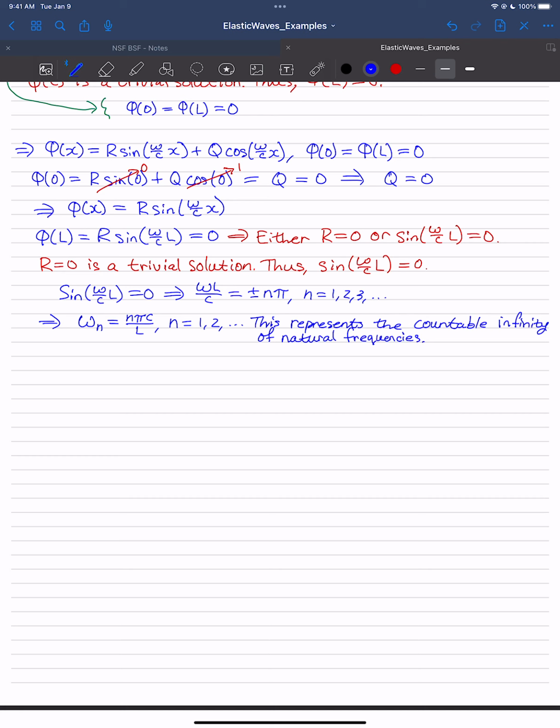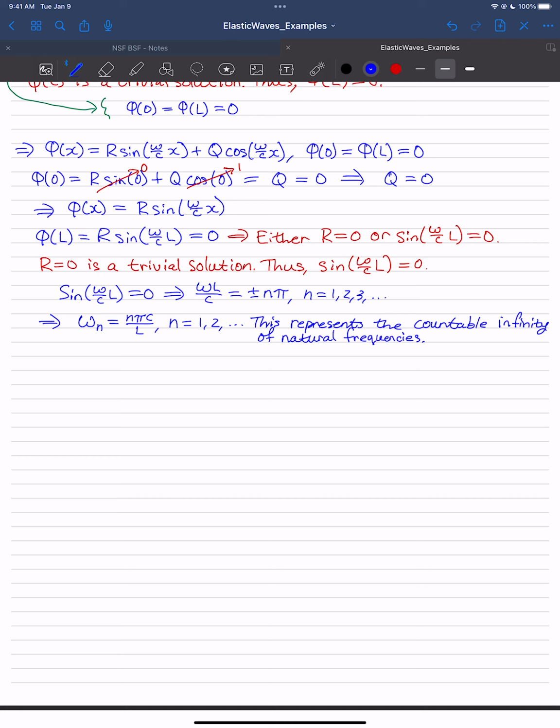So if you're a little hung up on what countable infinity means, it means that there are an infinite number of natural frequencies. However, we can count them. So we can assign them to the natural numbers. So we will have the first natural frequency, the second natural frequency, the third, and so on, all the way up into infinity. So there's an infinite number of them, but we can count them. So that means that that infinity is less than an uncountable infinity. It's less dense, we could say.